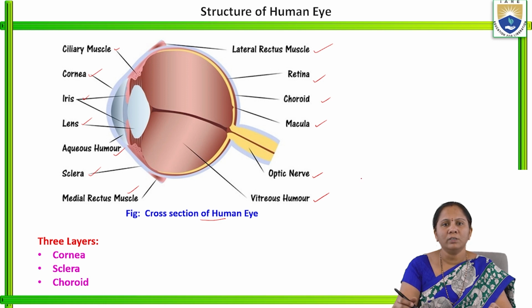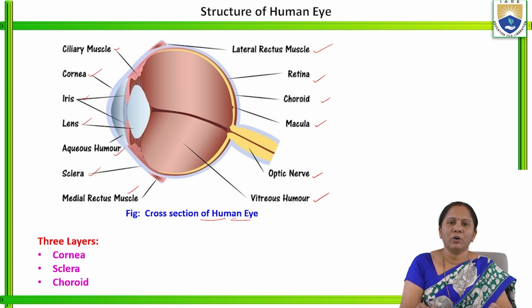All these are different internal and external parts we can observe in this cross section of the human eye. Basically it consists of mainly three layers.